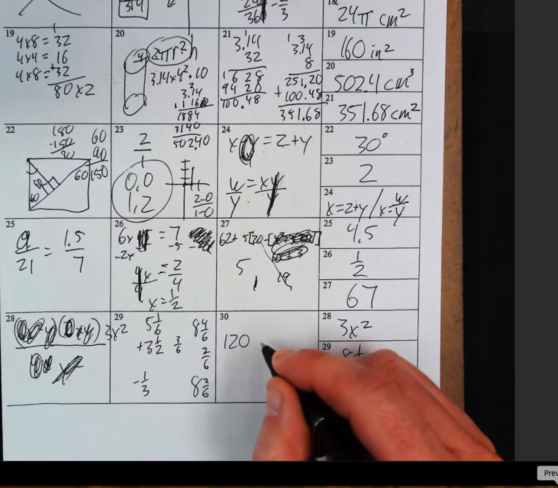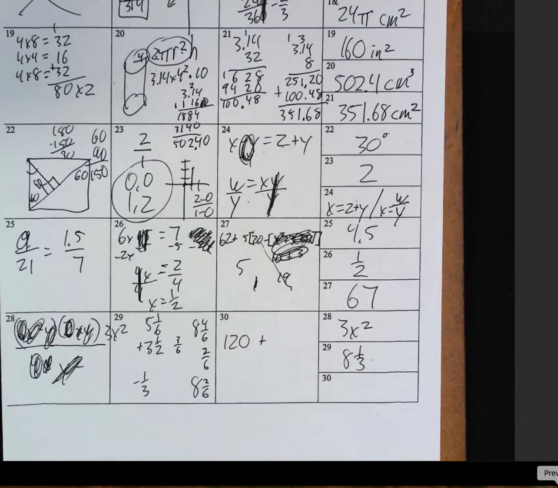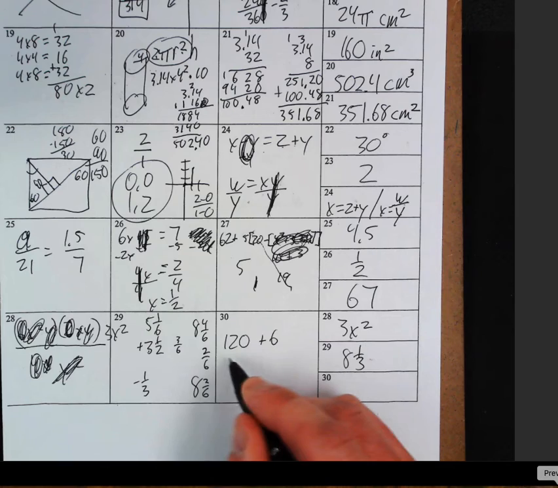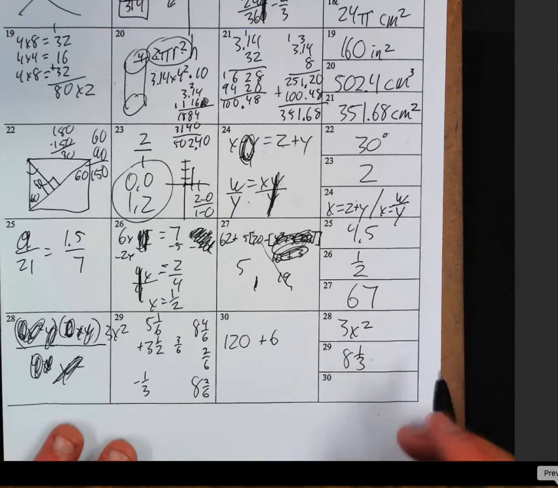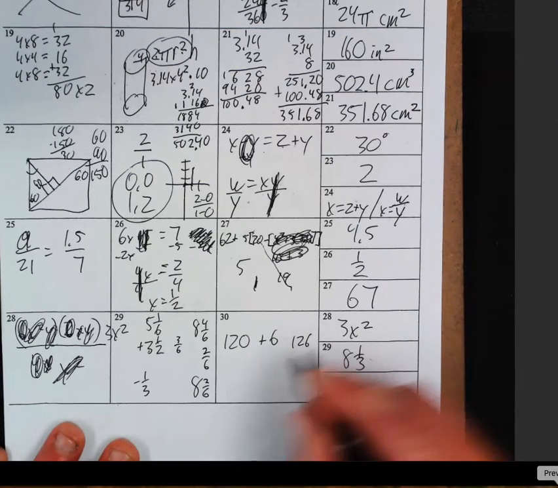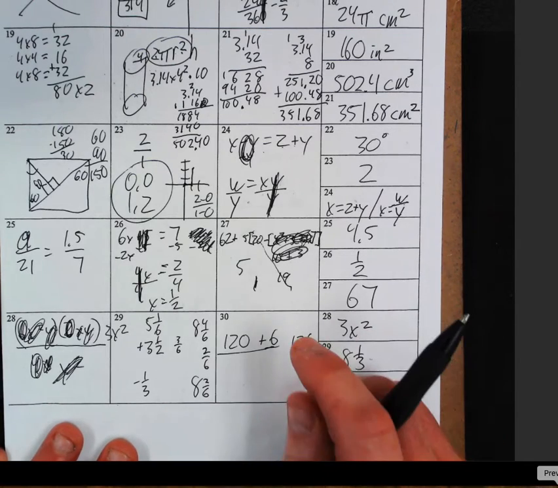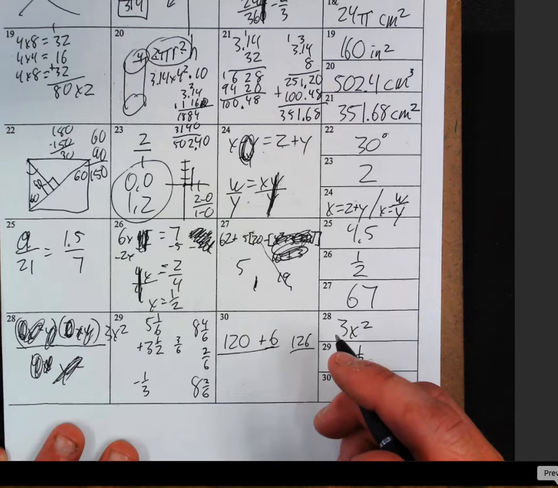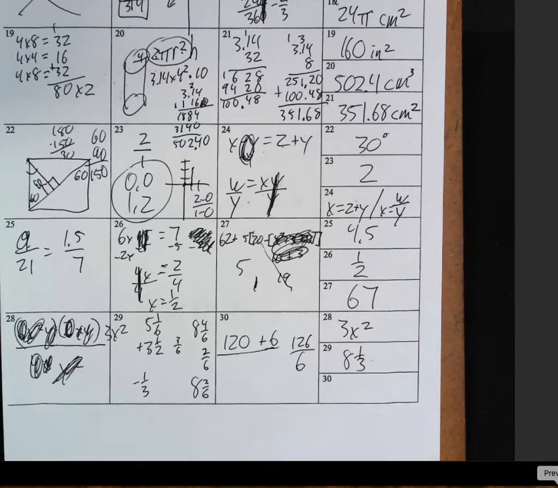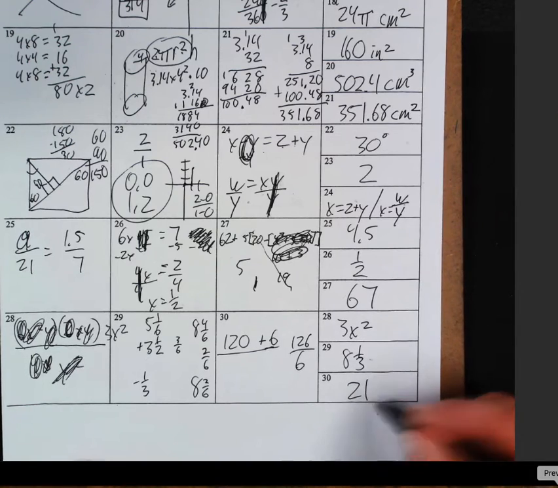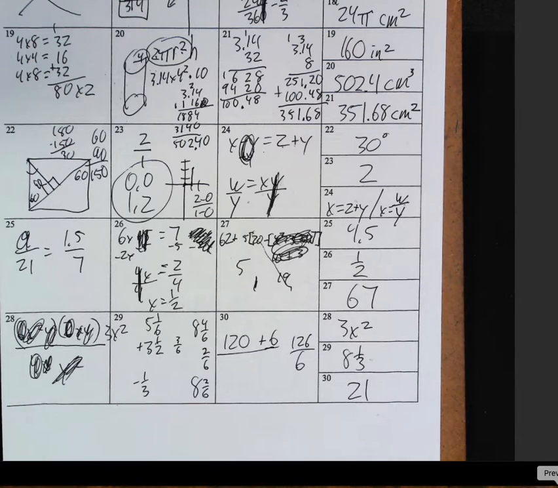You have plus -2 times -3. 6. What kind? Positive. Okay, add it. 126. So we took out the big, huge top, got 126. The bottom is positive 6. The absolute value is 6. We divide 6 into 126. 21 times. Okay.